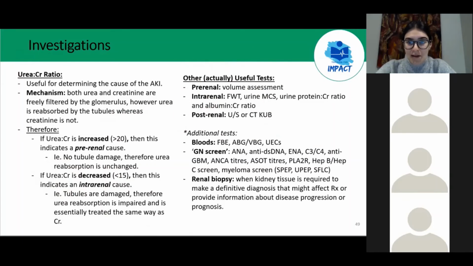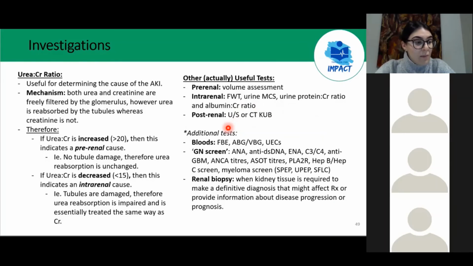I guess for the aspiring interns out there or imminent interns next year, the most important thing to remember for quickly figuring out what type of renal pathology this is: for a pre-renal injury, the most important thing you could do is a volume assessment. So looking at the patient's volume status. For an intrarenal pathology, you want to be doing a full ward test or a urine dipstick, a urine MCS, and a urine protein to creatinine ratio or albumin to creatinine ratio.